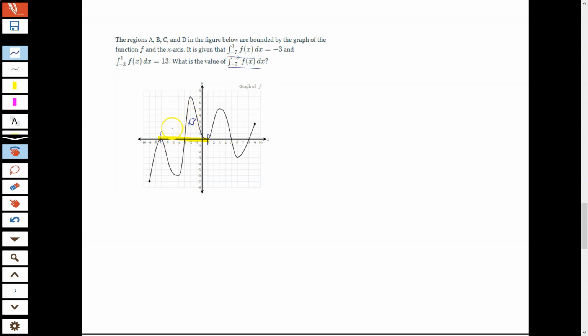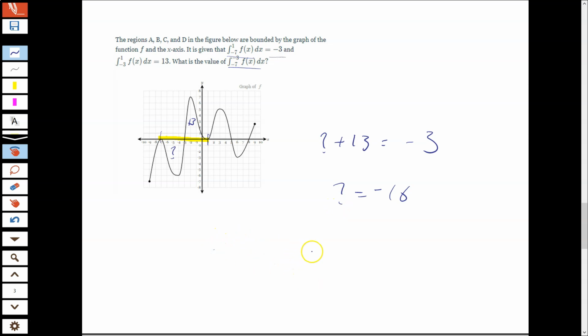We want to know from -7 to -3. Okay, so you can see where this is going right away. We know the whole thing and a piece of it. We want to know that remaining piece. So I would say that question mark plus 13 in this case is equal to -3, and when I subtract 13 on both sides, I get my question mark is -16.